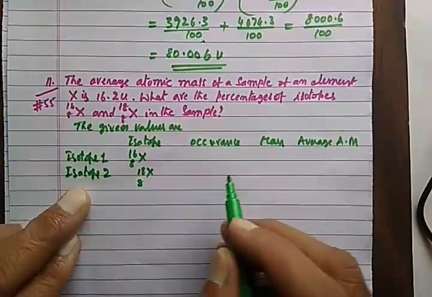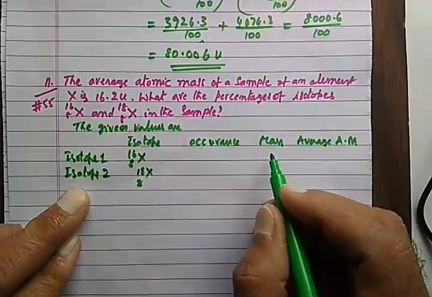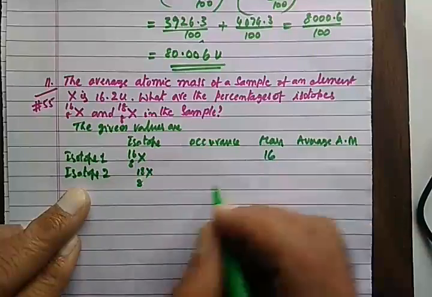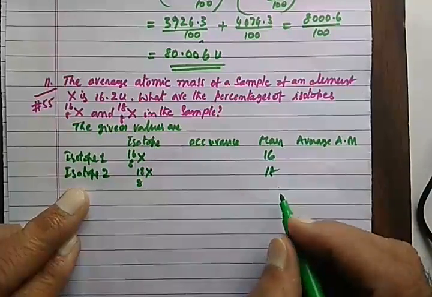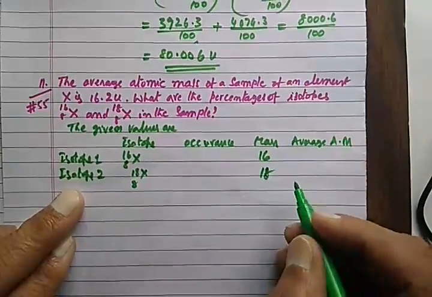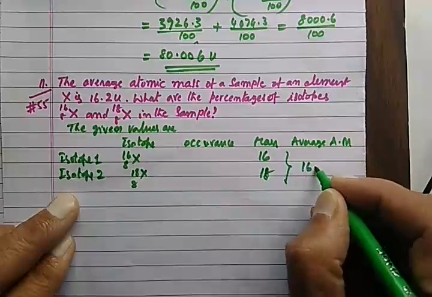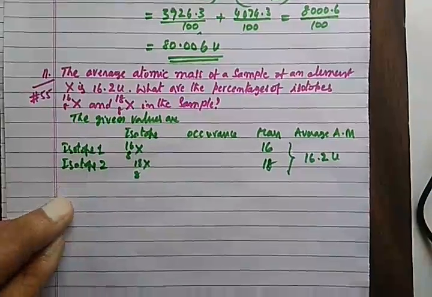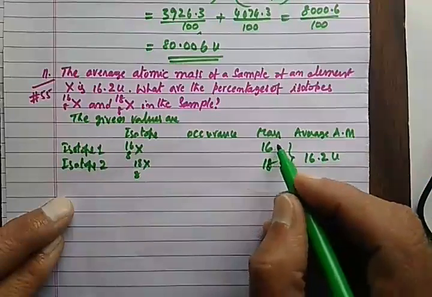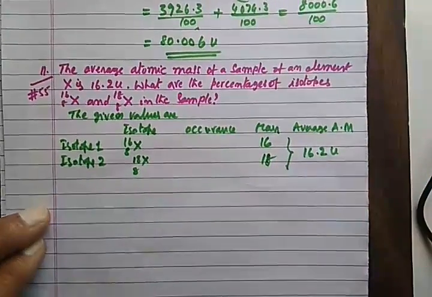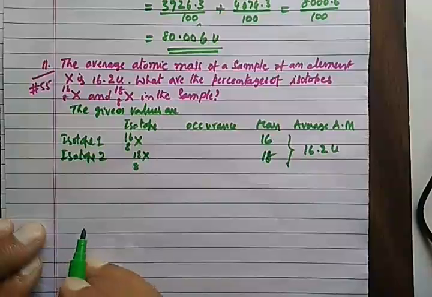Occurrence we need to find. The masses I will write. Here it is 16 U, this is 18 U. Okay. So the average is already available, that is 16.2 U. All are unified mass only.